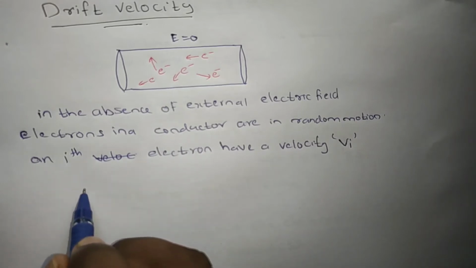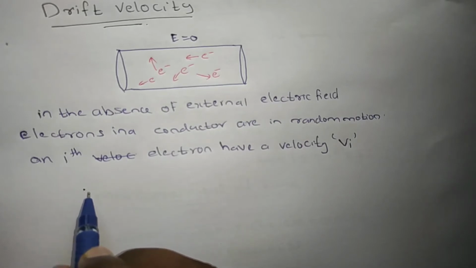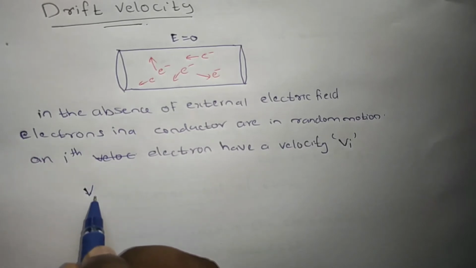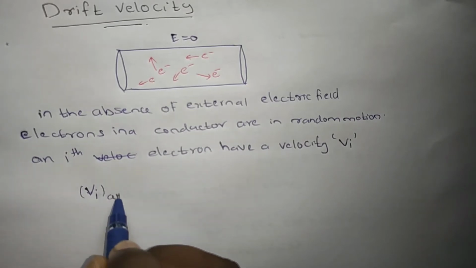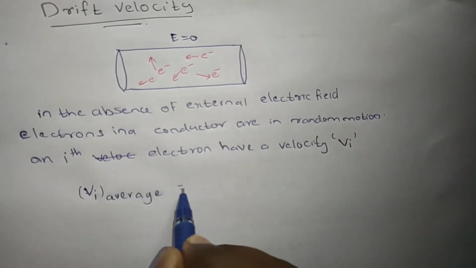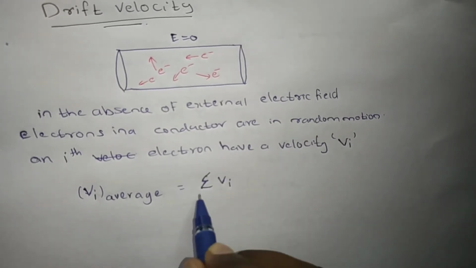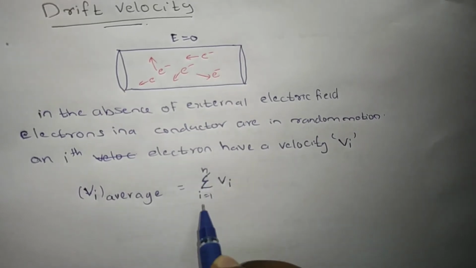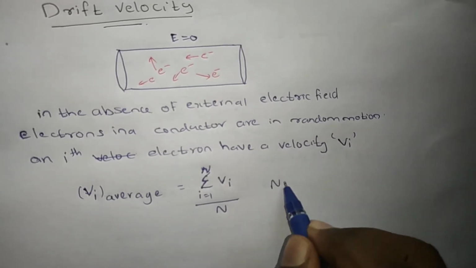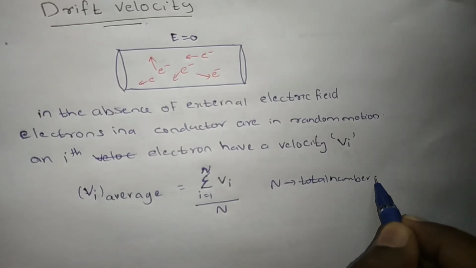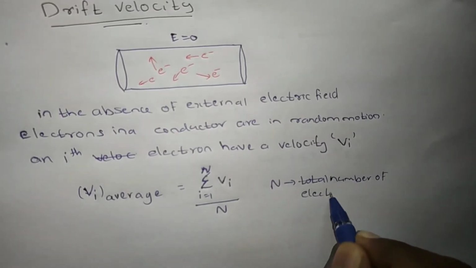So we take the average velocity, v average, which is equal to the summation of v_i where i goes from 1 to N, divided by capital N, where N is the total number of electrons.